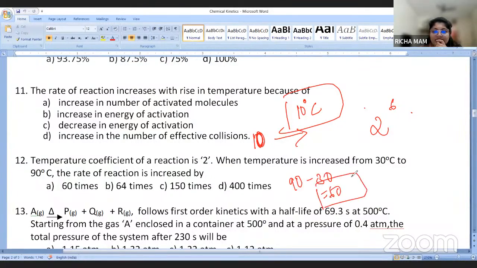So 60 degrees is increased. So it is 6 times increase. So 2 raised to 6. What is 2 raised to 6? 2 raised to 6 is 64 times. So it has risen by 64 times.